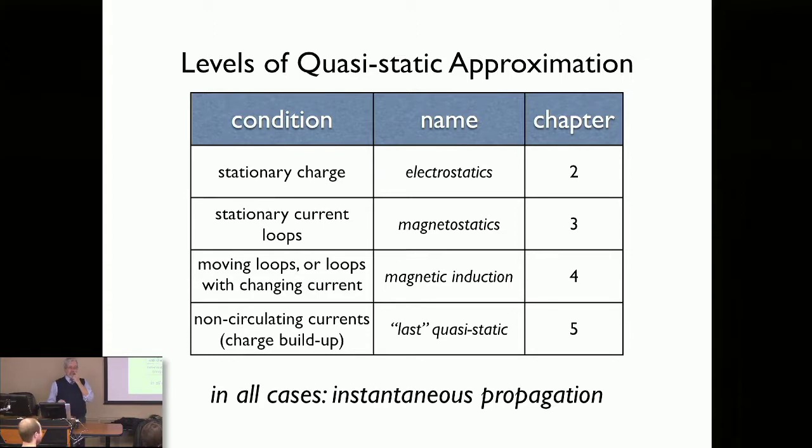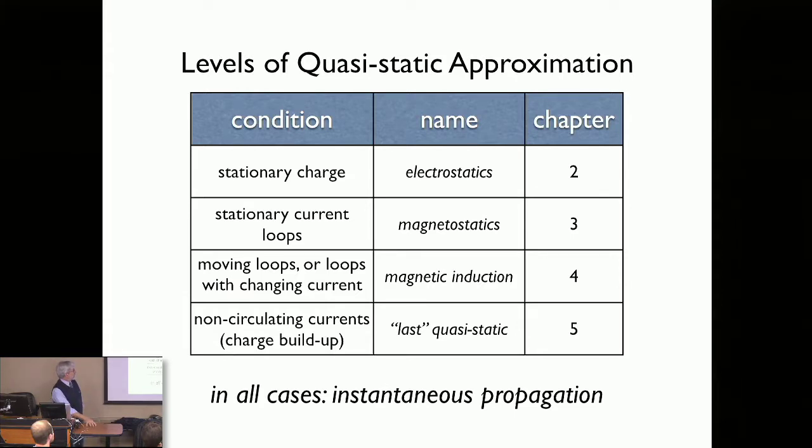Okay, so we're doing these chapters 2 through 5, building up successive levels of approximation, or successive abstractions. The first one was electrostatics, where the charges stay put. Then we considered stationary current loops, where the loops don't move, the current in the loop stays fixed, and the current has to flow. There's no charge building up anywhere.